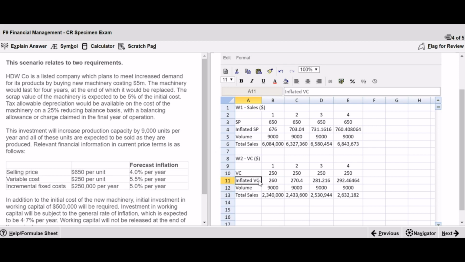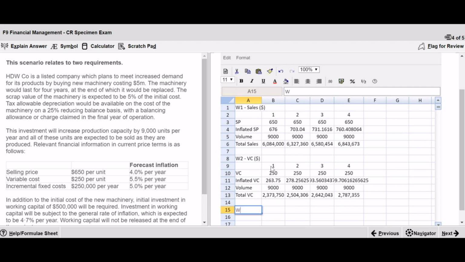Remember the inflation is 5.5%, so 1.055. Going to use the 1.055 here as well, and then we can move this forward, and this gives us the inflated variable cost in all these years. I have the volume and I have the total variable cost here, which is now already calculated. So this completes my two workings here, the sales and the variable cost.